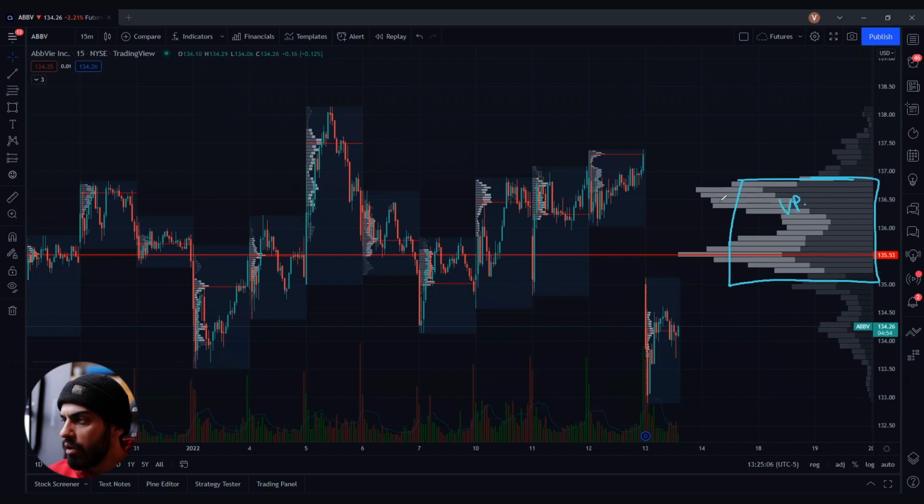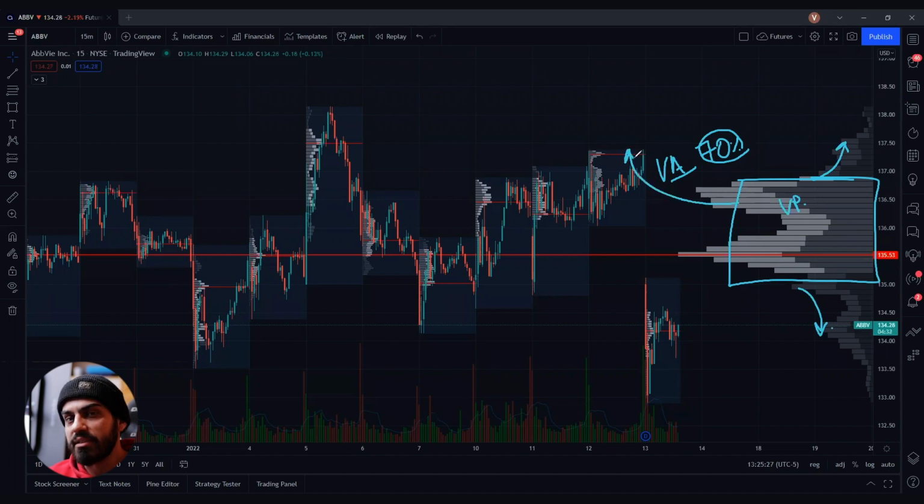You can see there's transparency outside of it. This darker block is called the value area, or the VA. This is where 70% of the volume on the session, on the fixed time, whatever it is, has been traded. It's a very important tool because this is known as balance. If the majority of volume is traded within one area, that is a balanced area.